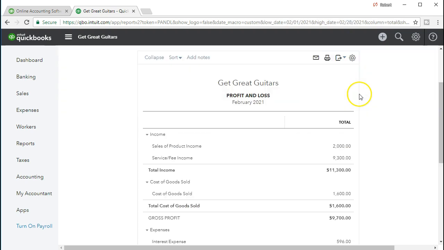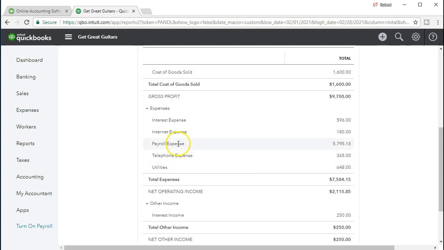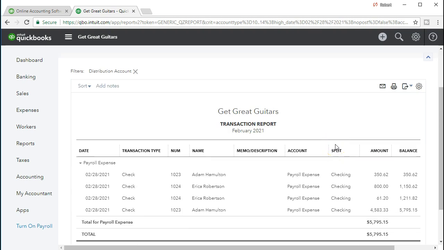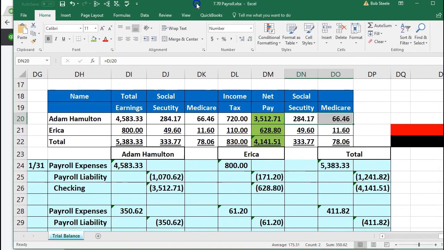Run that report. So then if we scroll down, we see the income, the payroll expense. Now if we select the payroll expense, we're going to see two items for each employee within payroll for this month. One will be the payroll expense for the employee, and that's the total expense, not the amount that we took out here. So it's not the net check, it's the total earnings for, in this case, Hamilton.